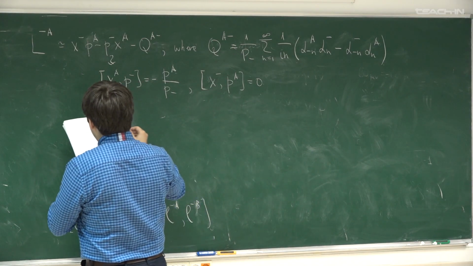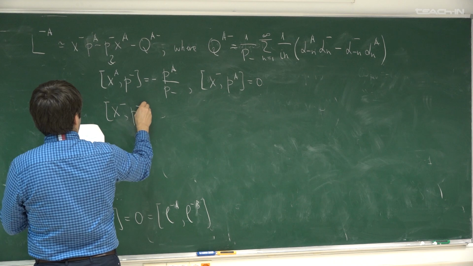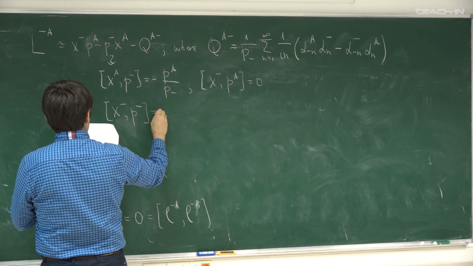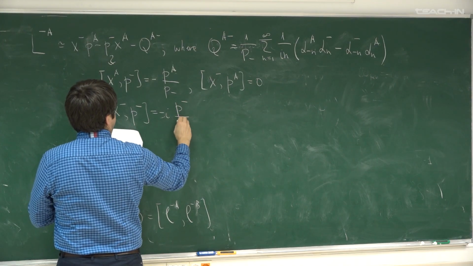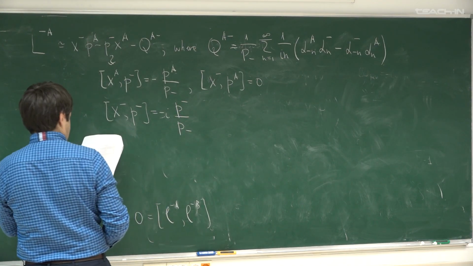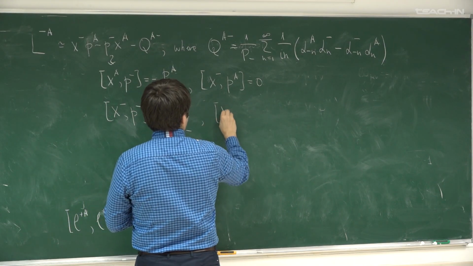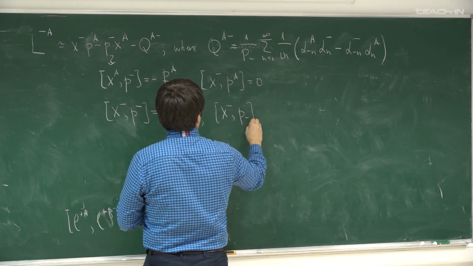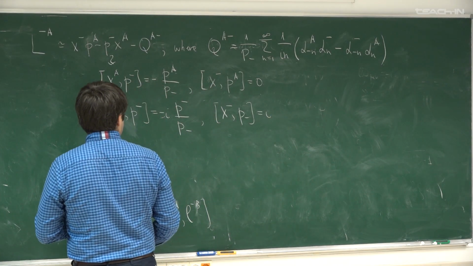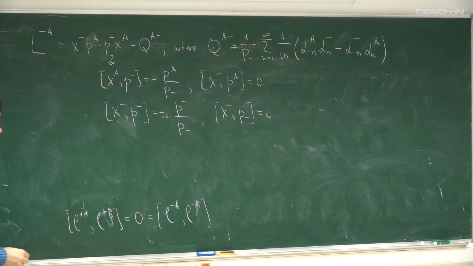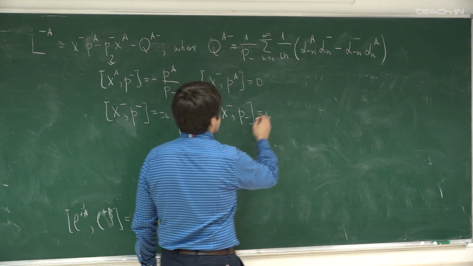Then x minus with p minus is minus I p minus with p minus. Then, as I already mentioned, x minus with p minus is I. And all the other commutators we've already mentioned before. So the homework is to derive this.